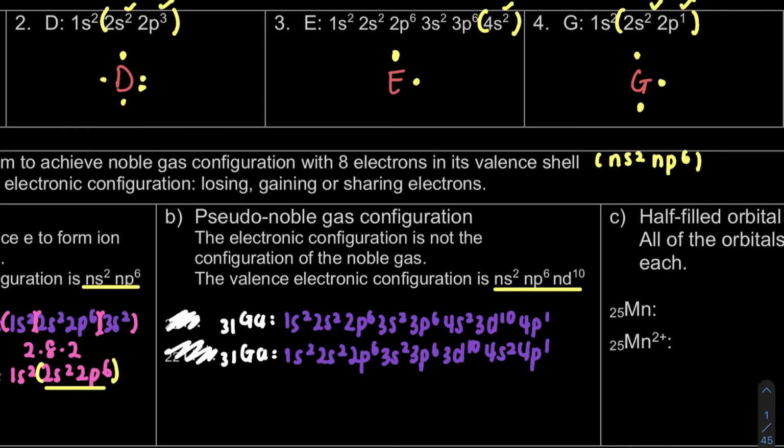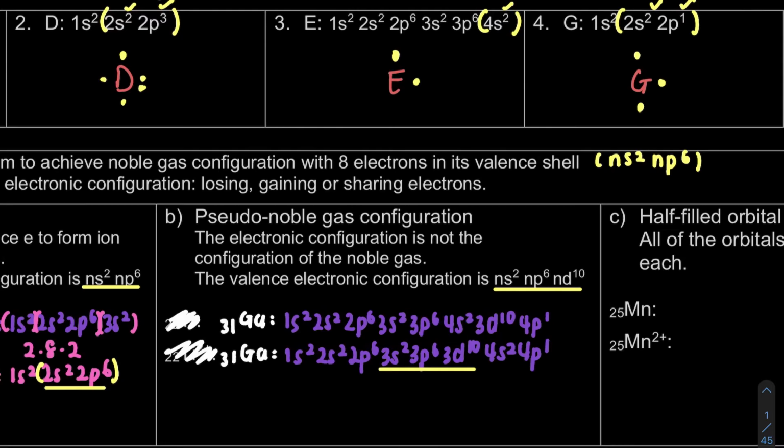Okay. So from here again, what we have seen is, here we want for the pseudo noble gas is ns2, np6, nd10. Okay, this one sebenarnya di sini. Okay, so how we gonna remove these 3 electrons? So maknanya our gallium must donate 3 of this.